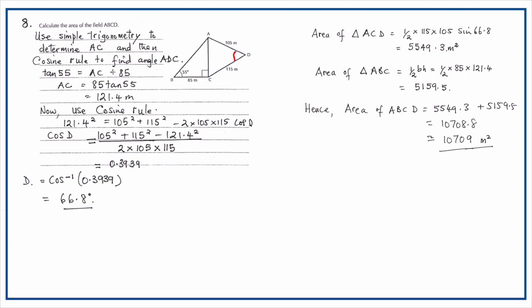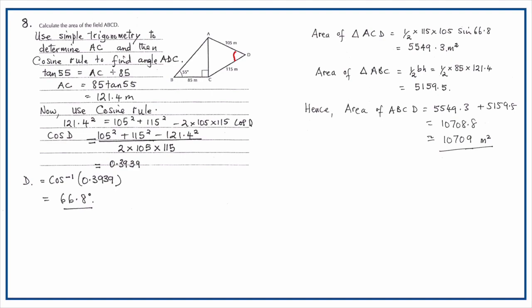So the angle D, angle ADC, equals cos to the power minus 1 of 0.3939, which equals 66.8 degrees.